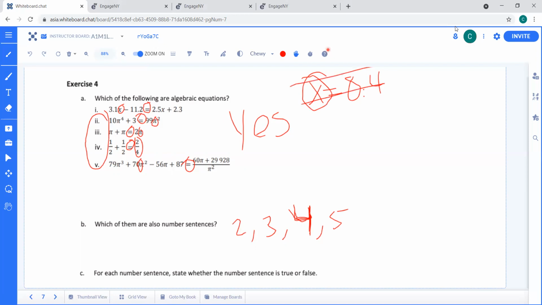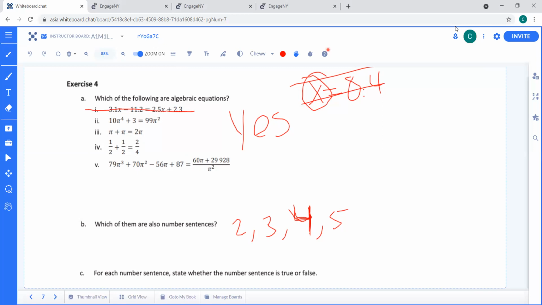For each number sentence, state whether the statement is true or false. Okay, so let's go back up here and see if we can figure these out and see if these are true or false. Now remember, we're not even going to deal with number 1 because we can't deal with that. All right, is this true?